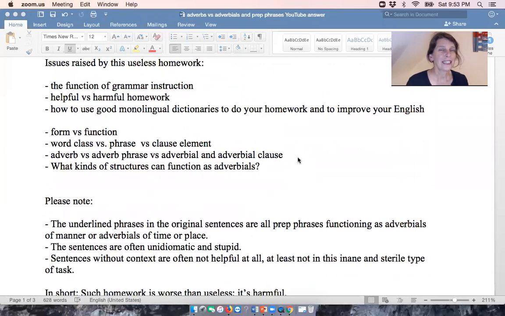We always have to distinguish between the form of a word or a structure, and a function that it can play or that it can perform within a framework.